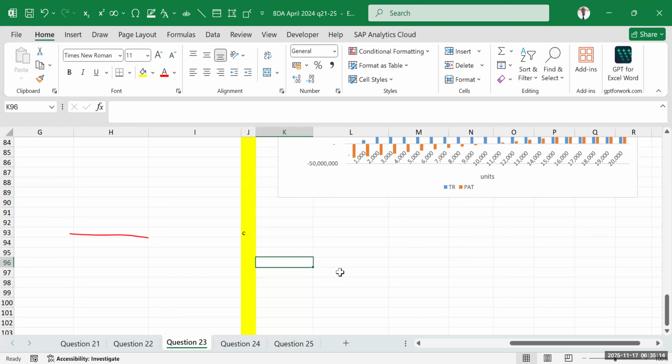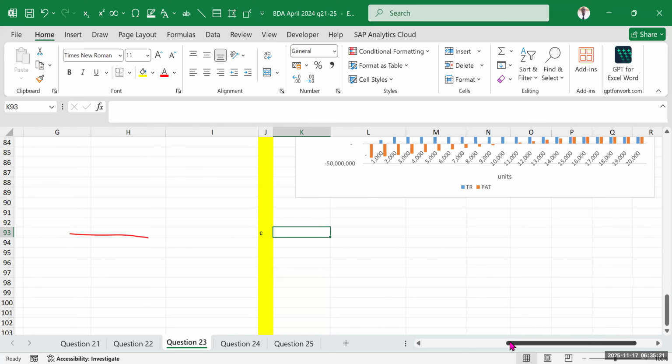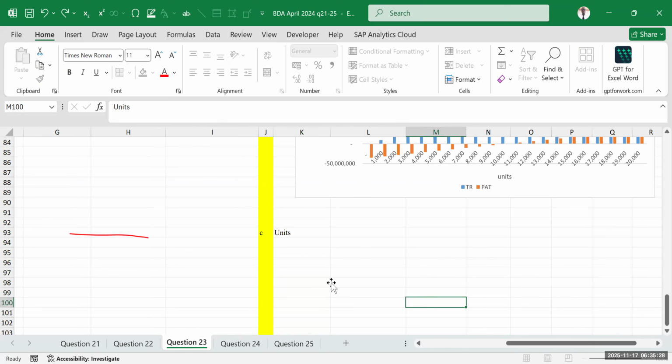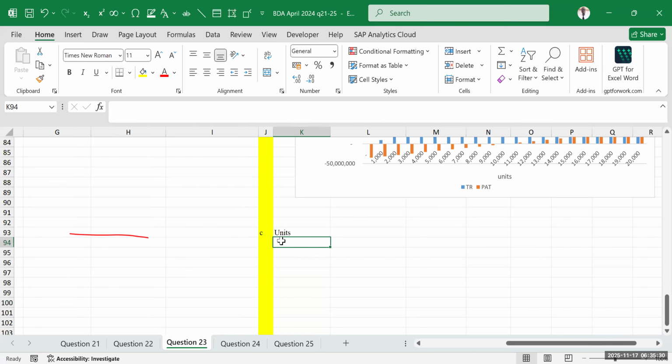I'm using just my working side. So I've written part C. If they want to compare the effect of selling at various percentages above the break-even, we start from the units, and we start from the break-even units because they want to compare above it. So we are starting from 10,000.